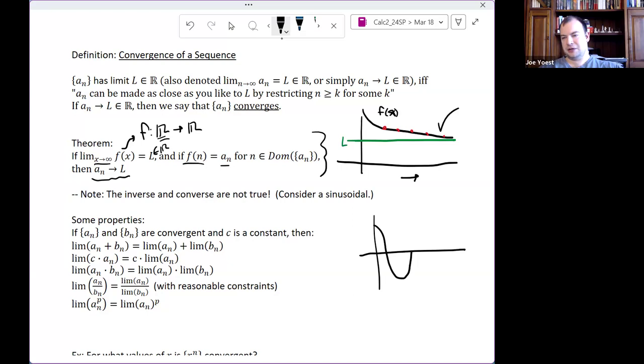So like a cosine function. So if I look at this f of x, if I take its limit as x goes to infinity, of course, doesn't exist. It just keeps going up and down between minus and plus 1 forever.